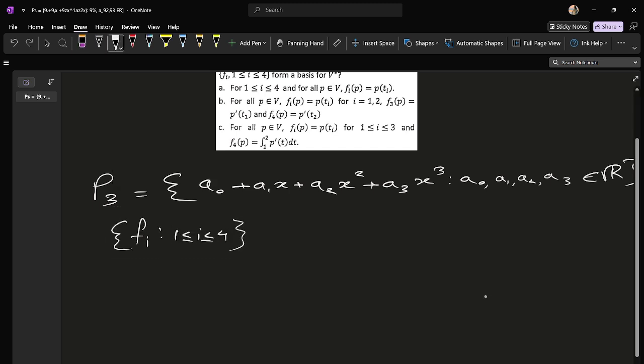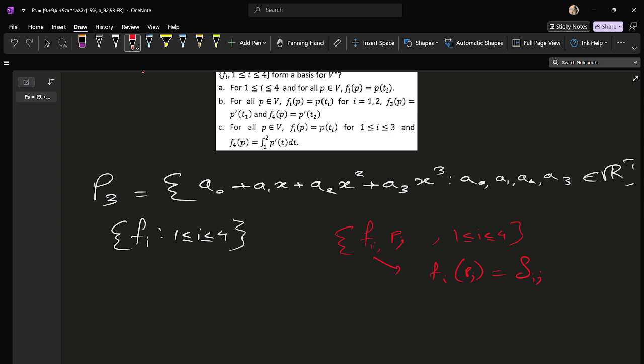To verify whether it forms a dual basis, we have to verify that fi of pj equals the Kronecker delta, where i is running from 1 to 4. What is the Kronecker delta?